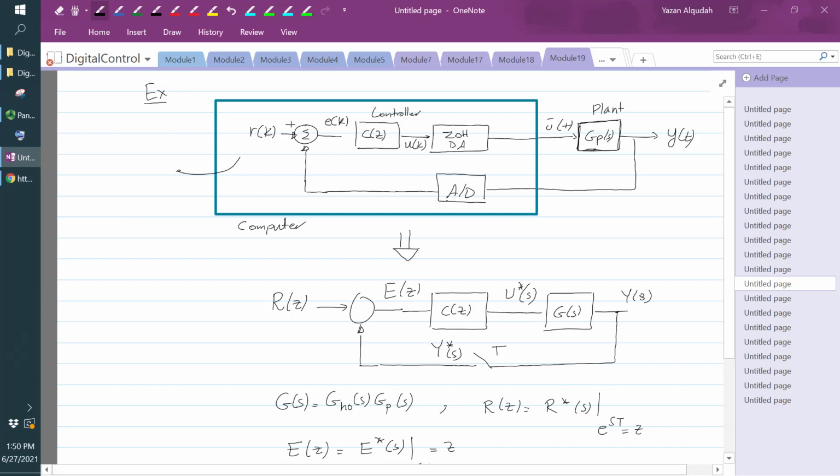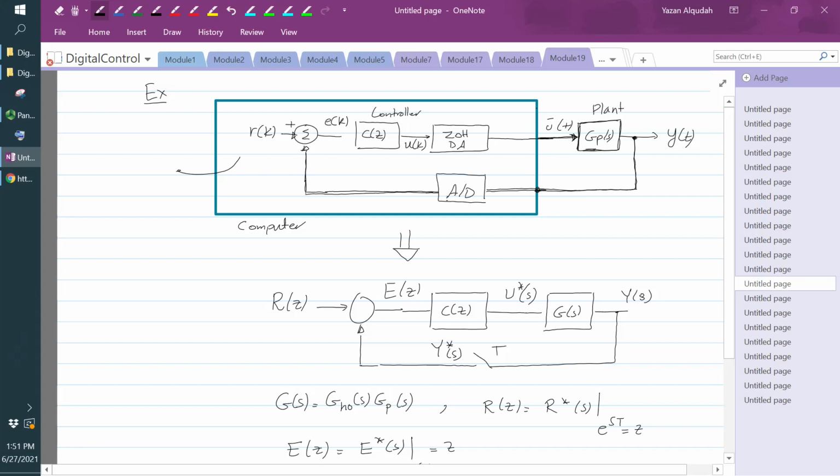And the computer is going to generate a digital signal that is going to be converted to an analog signal outside and applied to that plant. Now the output of that plant that we're trying to control, I'm going to read it to the computer. So I'm going to use an analog to digital converter in order to get the digital signal from that output.